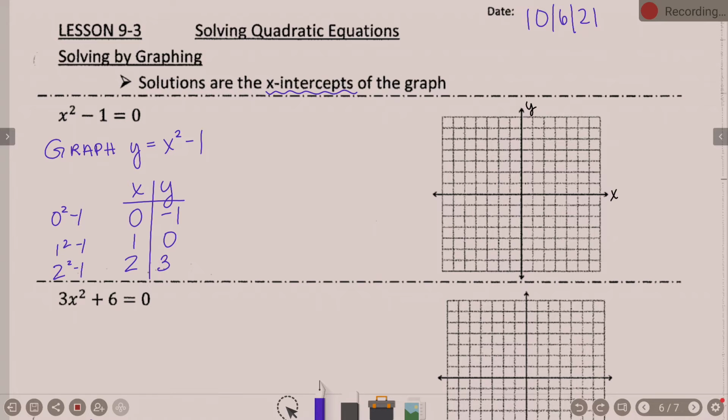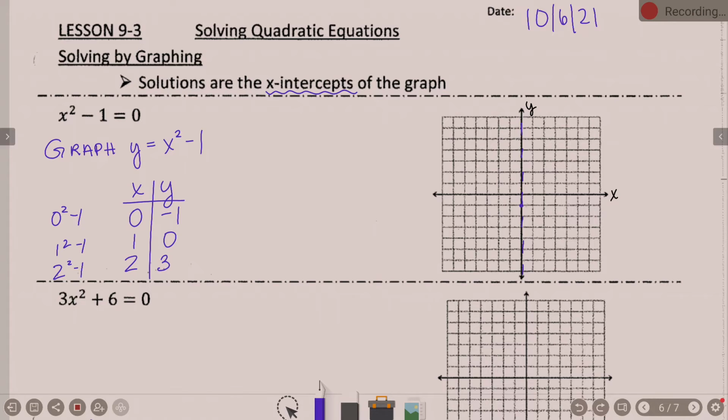Okay, so let's graph those points. And again, remember what I said. These are all centered on the y-axis. So our axis of symmetry is going to be here on the y-axis. So 0, -1 means I go left or right 0 and down 1.